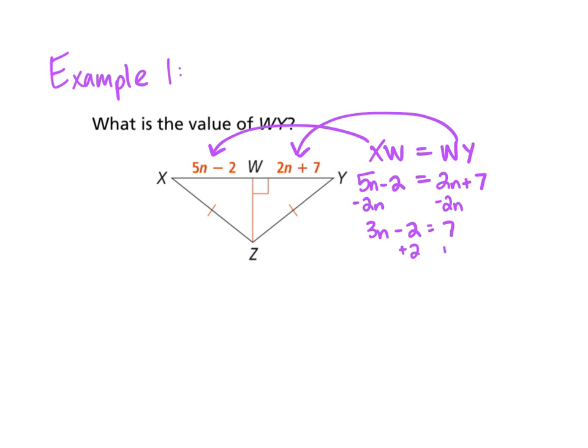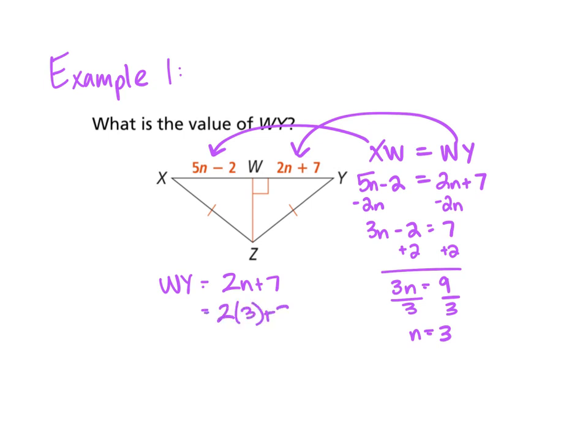Then I'm going to add 2 to both sides, and I have 3n equals 9. Then I'm going to divide both sides by 3, and I get a value of n equals 3. And since WY is equal to 2n plus 7 in the picture, we can say that it's equal to 2 times 3 plus 7, which is 6 plus 7, or 13.